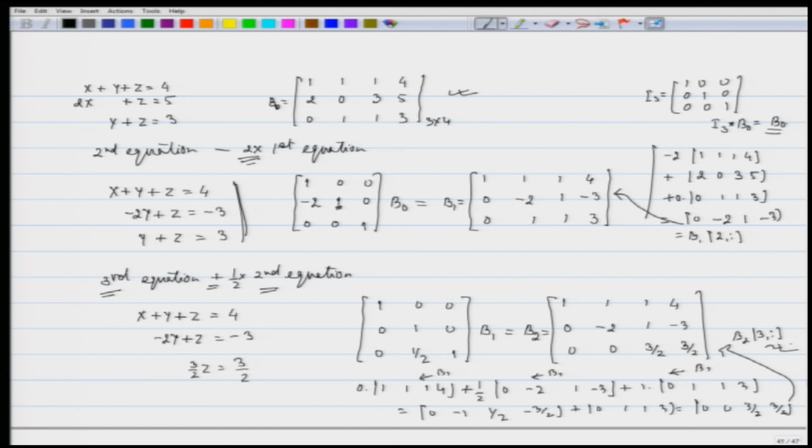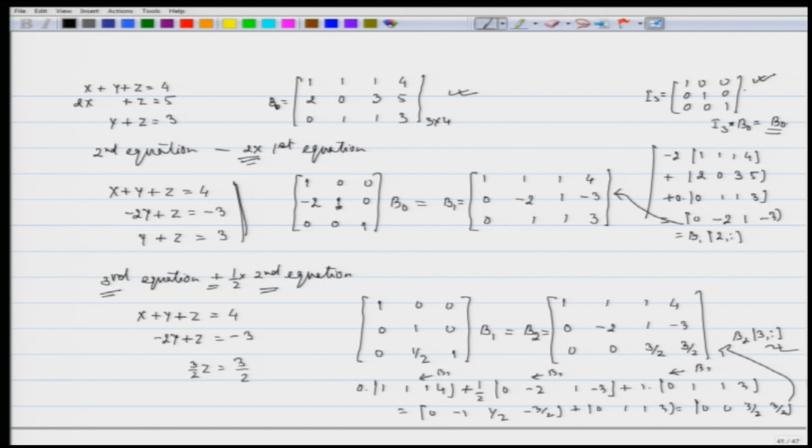all right. So, the question is it just a chance factor or does it really always hold, all right. So, if you see what exactly we have done is that we had the identity matrix. The first part was to replace the second equation by the second equation minus 2 times the first equation, all right. I had done that for the system of equations. Look at I3.